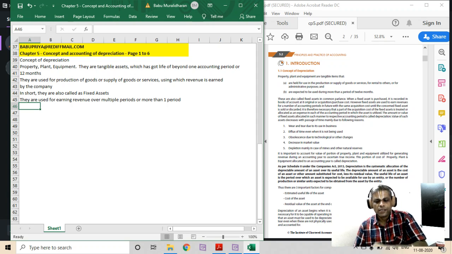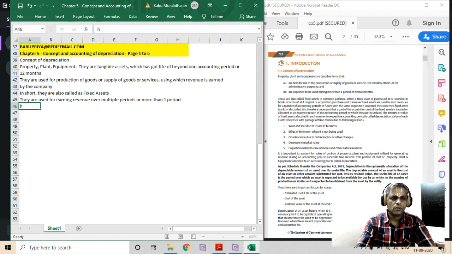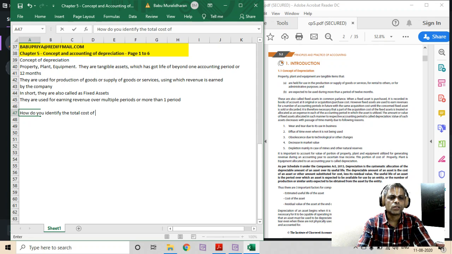Having said that, what is the cost that you have to take? How do you identify the total cost of fixed assets?